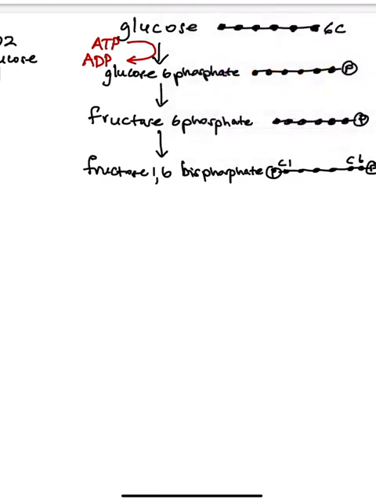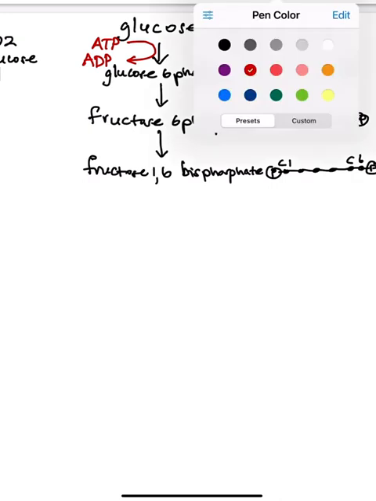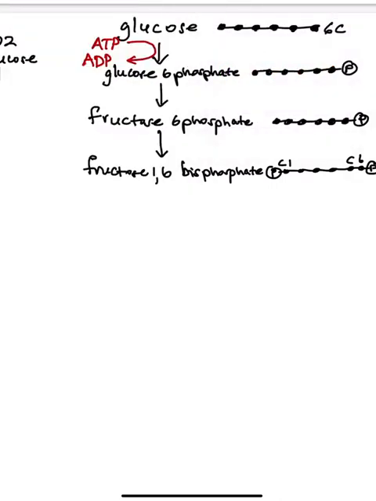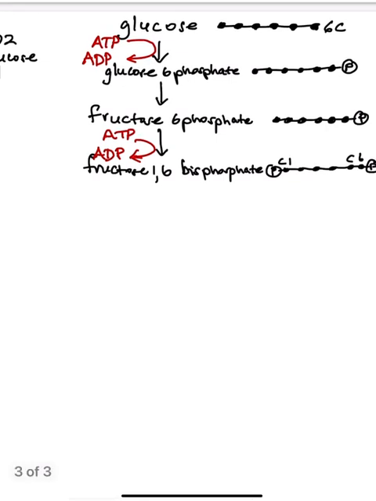Again, here we need some ATP input. And a molecule of adenosine diphosphate will leave. The phosphate is taken from the ATP and attached to the fructose 6-phosphate to make fructose 1,6-bisphosphate.